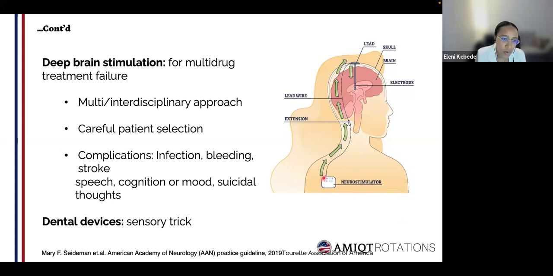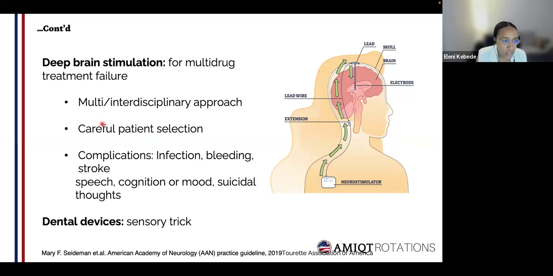And then there's a wire that connects that pulse generator to the electrode inside the brain in a specific area. That's also another problem in Tourette's because there's no one specific brain target that has been approved by all studies, but most basal ganglia areas and thalamic areas have been tried out and they've been working.